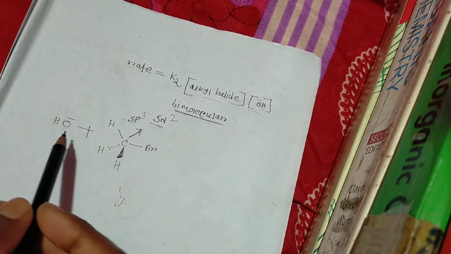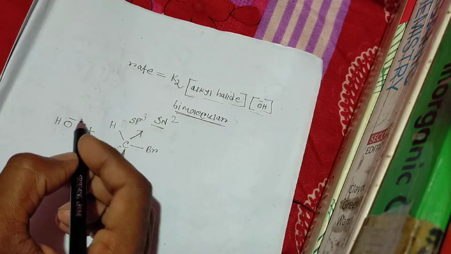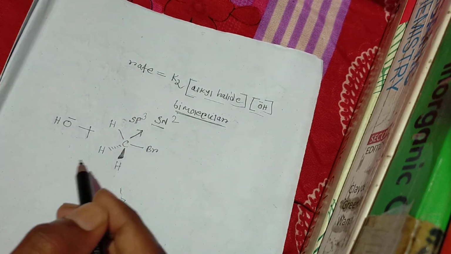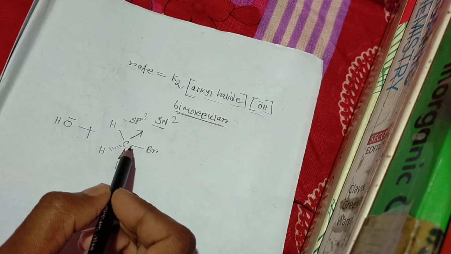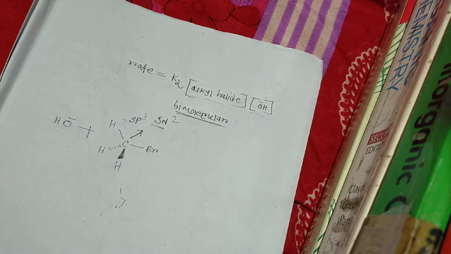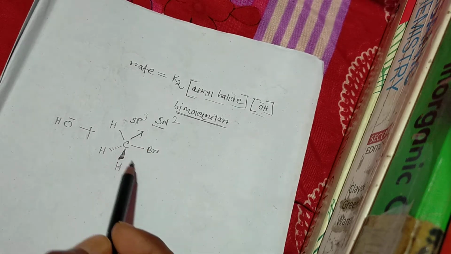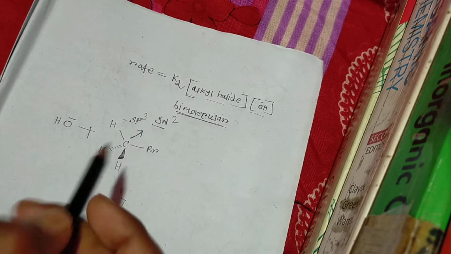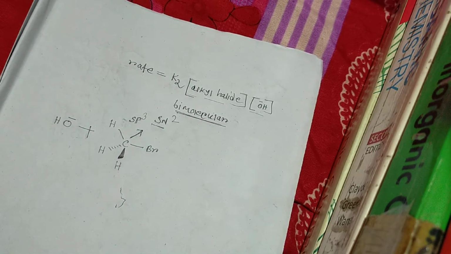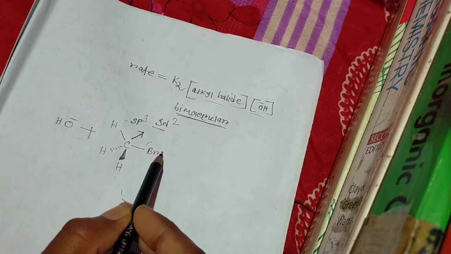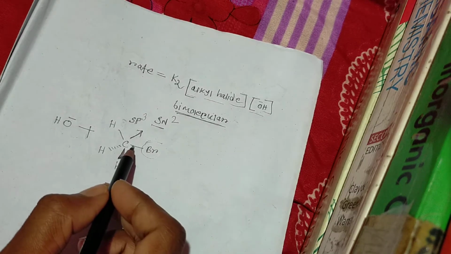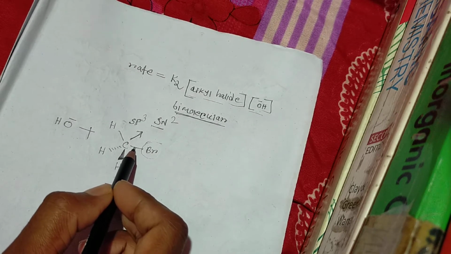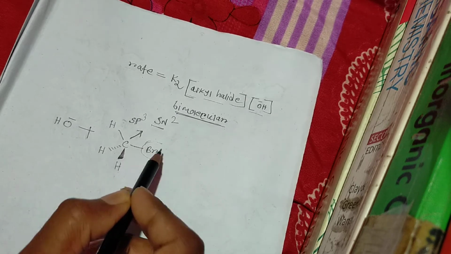When a nucleophile, that is OH minus, attacks the electron deficient center, that is the carbon. Electron deficiency means that when a more electronegative atom is attached to a carbon atom, then due to its electronegativity it pulls the bonding pair of electrons towards itself.